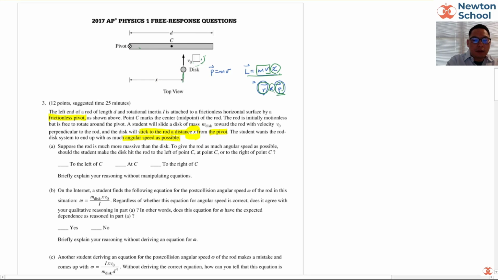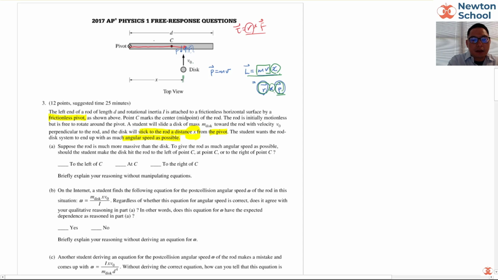Now, when this disk collides, it's going to apply force here. Obviously, this rod will also apply force there. So this force is actually applying torque on this rod, and remember, torque is r cross F again, but this r vector is actually from the pivot to the point of contact.